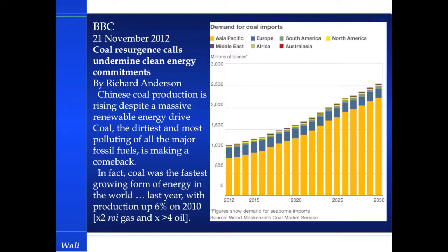And in fact, says this report from BBC, coal was the fastest growing form of energy in the world last year, with production up 6% on 2010, which was twice the rate of increase of gas and greater than 4 times that of oil. So there's going to be lots of land for reclamation. And Ann is smiling, I can tell.